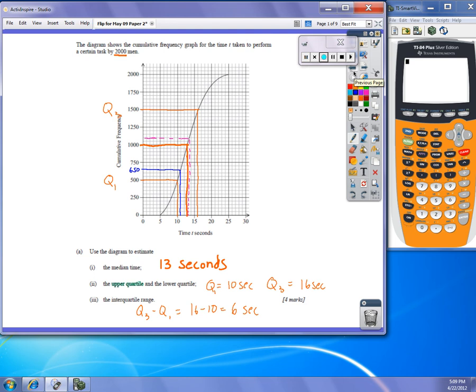So you're going to go from here, 15 to 20. How many people is that? That looks like we've got 1850 minus 1350, so that gives us 500 people in that little range.